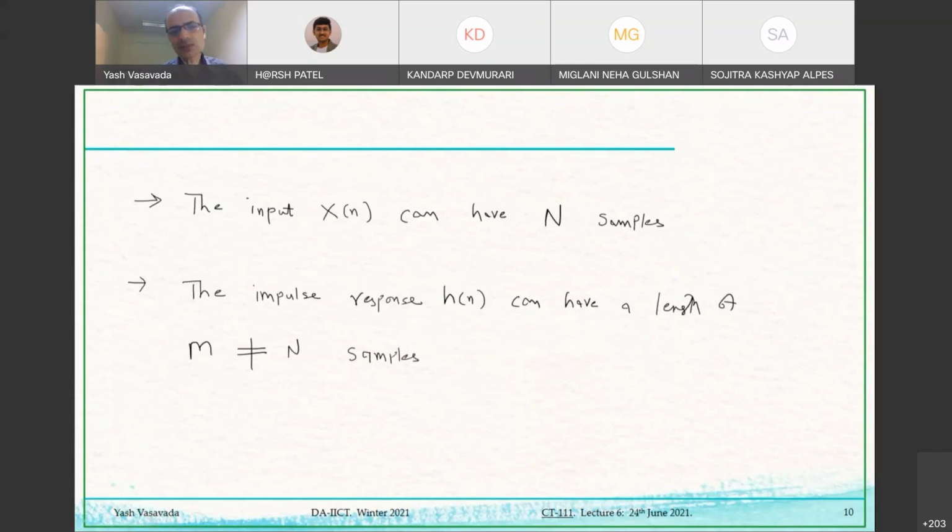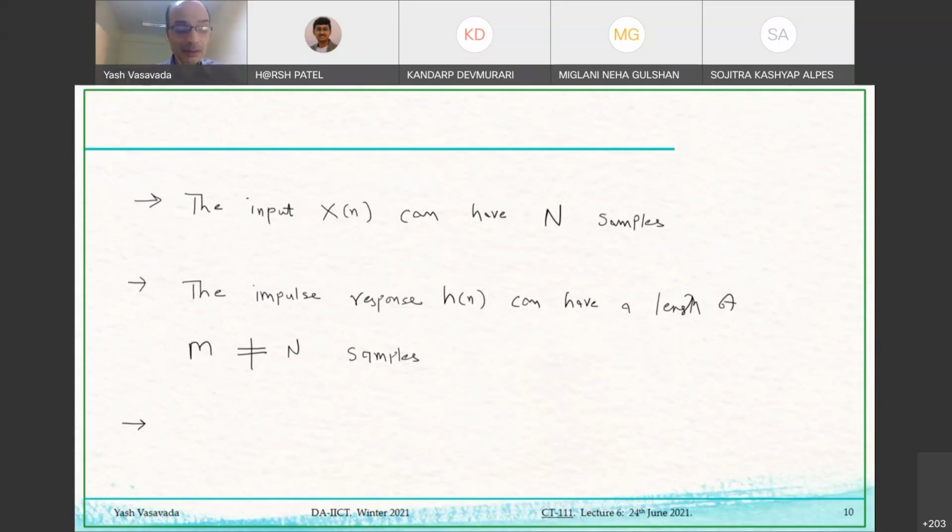So the impulse response can be longer than the input, or it can be shorter than the input, or in the examples that we have seen, it may be exactly the same length as the input. It doesn't matter. M and n can be two totally different numbers.